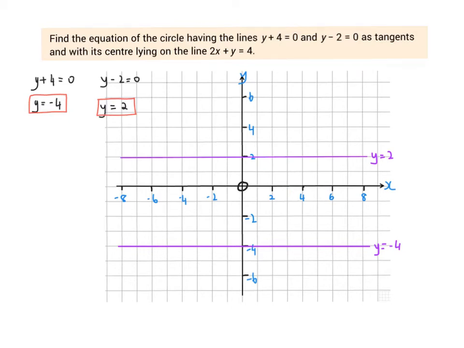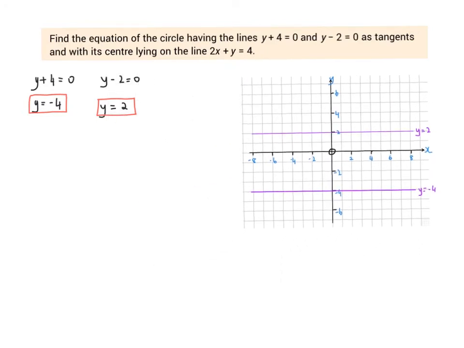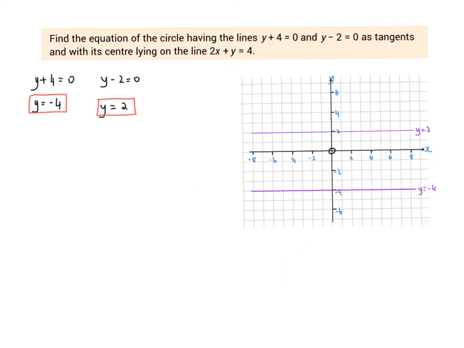From our graph we can see it's 2, 4, 6 units, or mathematically, the difference between 2 and minus 4, so 2 minus minus 4 is equal to 6, and half that distance is 6 over 2, so it's going to be 3 units from either of the lines.